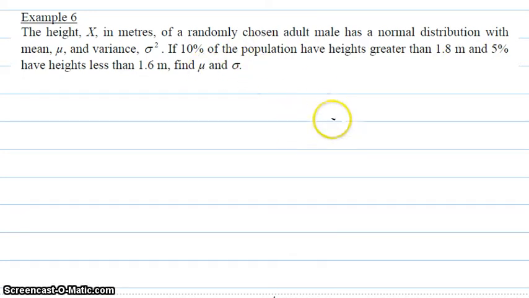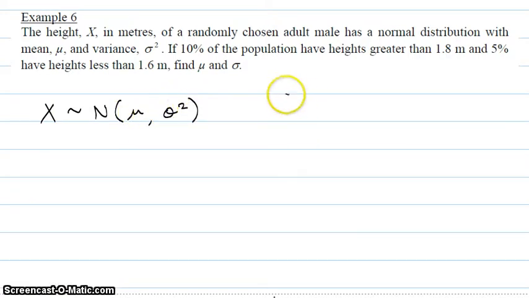So let's try and understand the question before we even try and solve it. What information have we been given? Well, we've been told that x is the height in meters of randomly chosen men, and that x is normally distributed with mean mu and variance sigma squared, right?